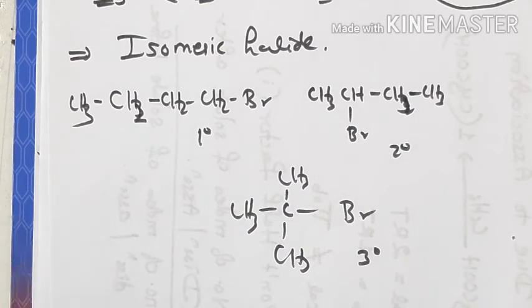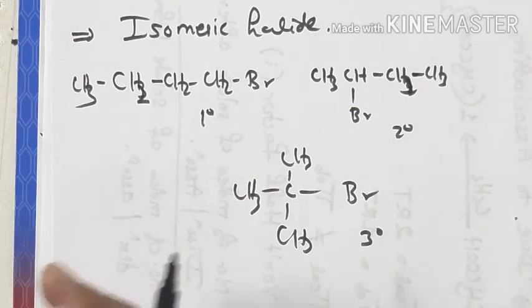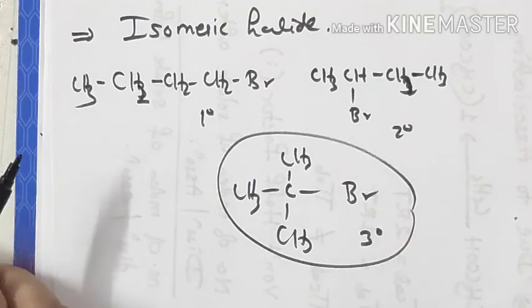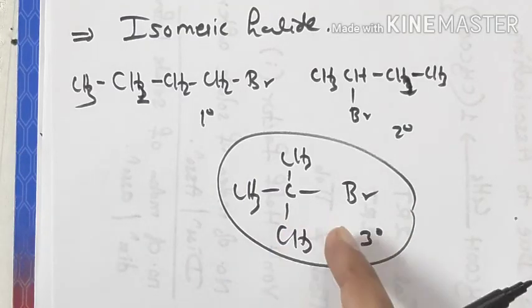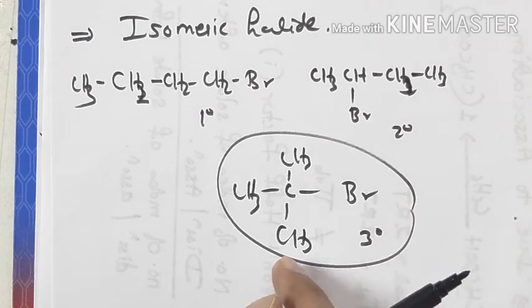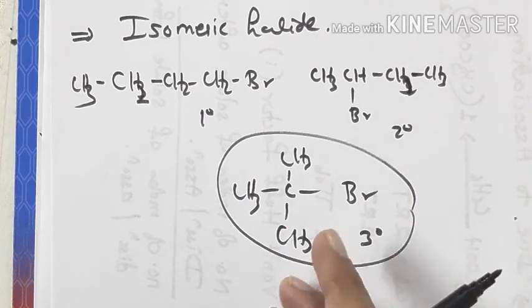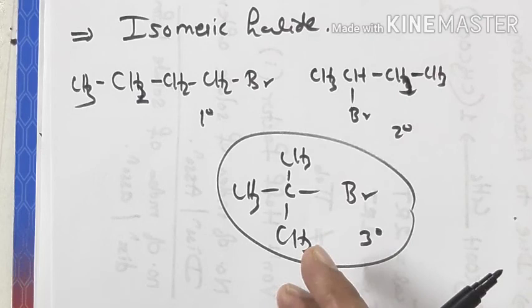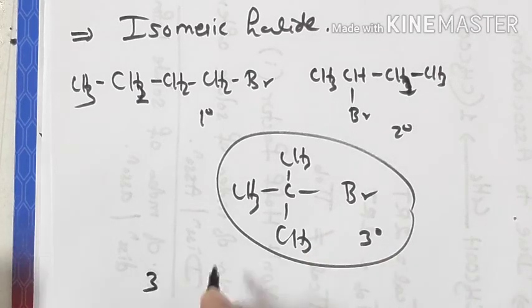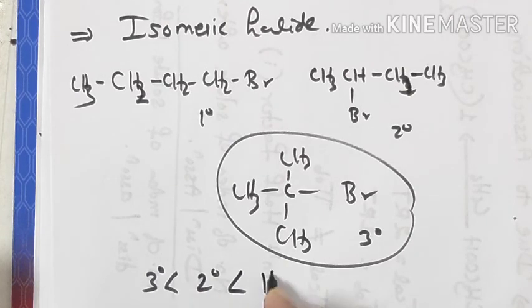Now, in this case, student, tell me which will have higher boiling point. Right. See, here more branches is there. So if the branches are more, then attraction will be less. When attraction will be less, then less amount of energy is required to break the bond. That means boiling point will be less. So 3 degree will have least boiling point, then 2 degree, then 1 degree.